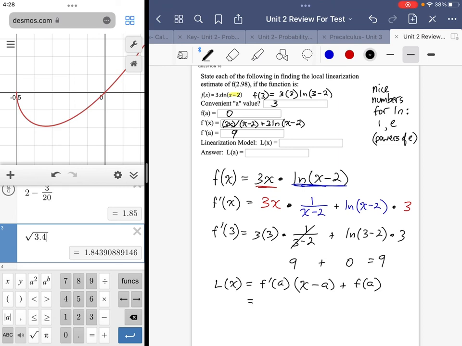All right, but writing it this way will match my auto grader, which will make everybody happy, so that's good. I realize there's a little typo here. I'll have to fix that. So f prime of a, we figured that out as 9 times x minus 3 plus f of a. f of a we determined earlier was equal to 0. So my linearization model, just so it's easier to type into the space, 9x minus 27.